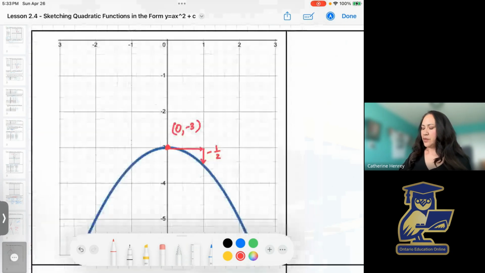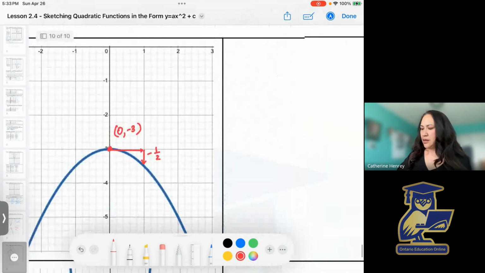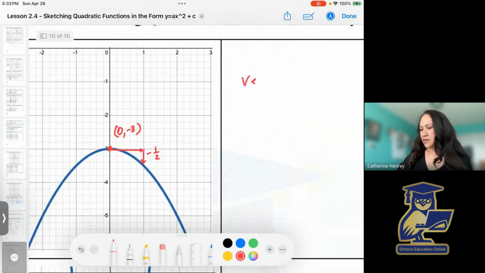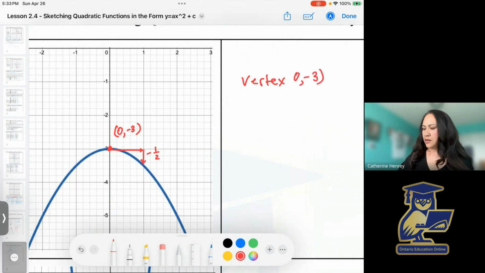So with this information, because our vertex is 0, -3, then our C value is -3.